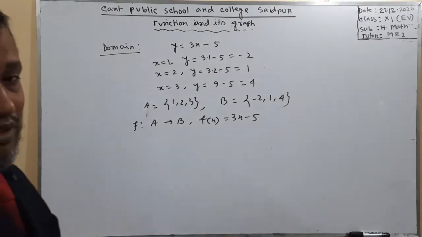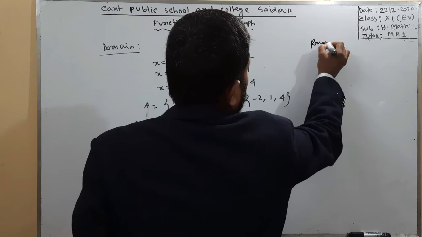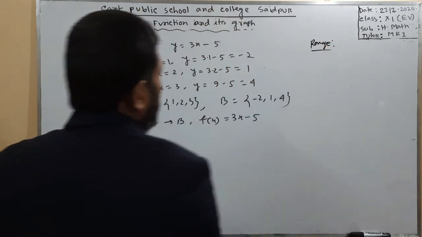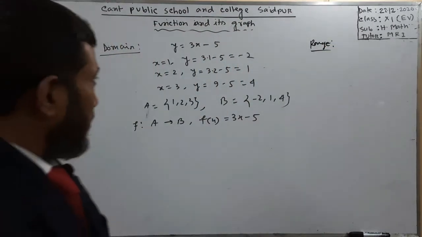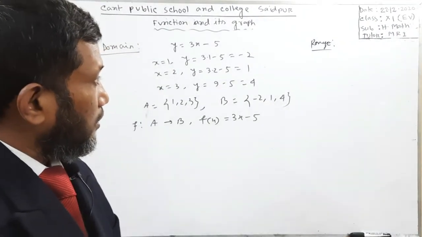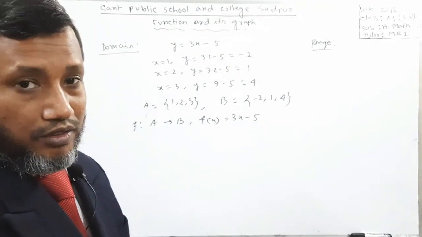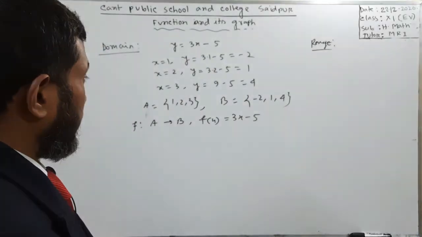So what is the range of this function? By putting every value of x, we get a different value of y. The values of y are called the range of the function.